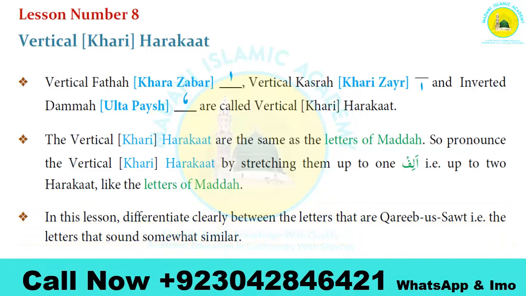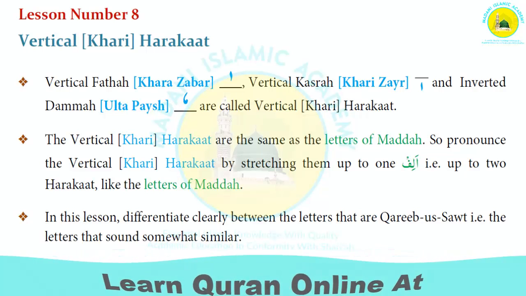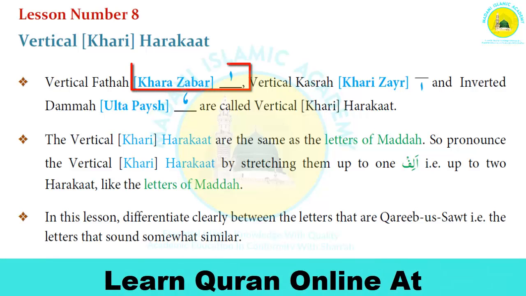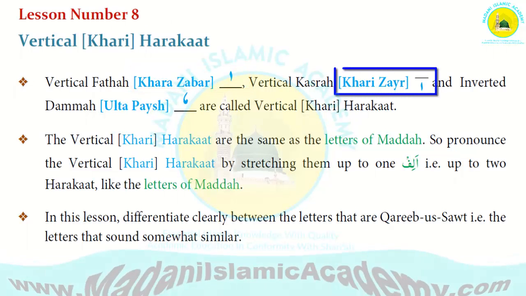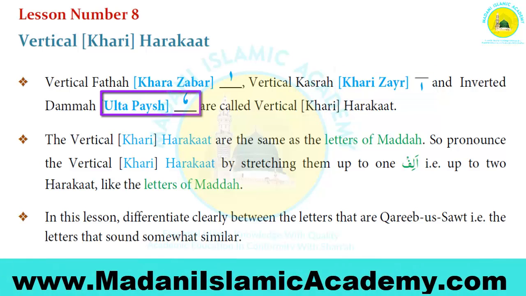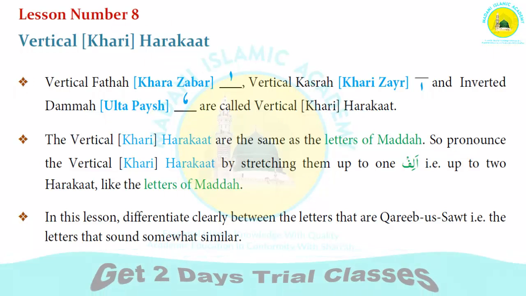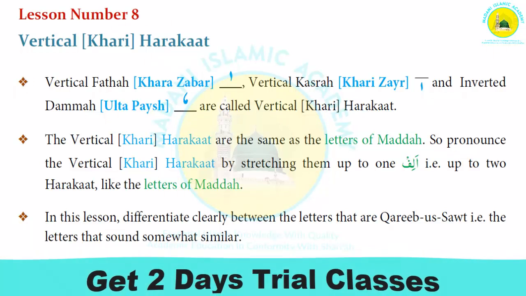Khada zabar is similar to alif madda, khadi zer is similar to ya madda, and ulta pesh is similar to waw madda. And remember, we stretch them same as the haruf madda, one alif or two harakat.